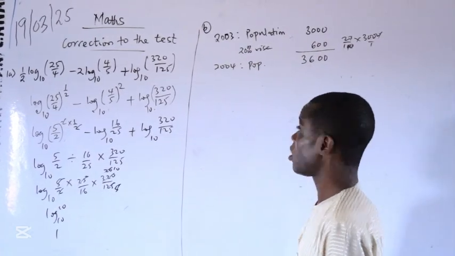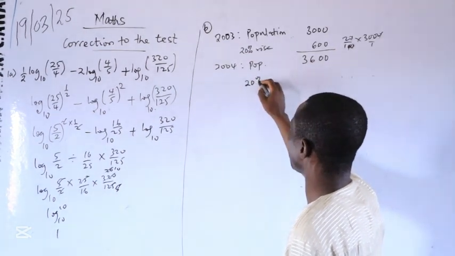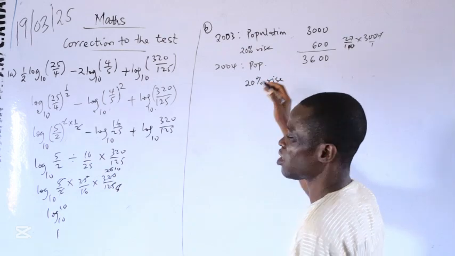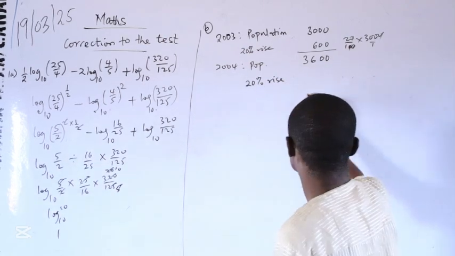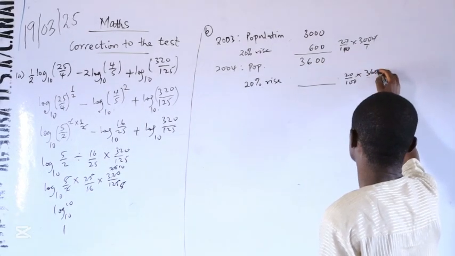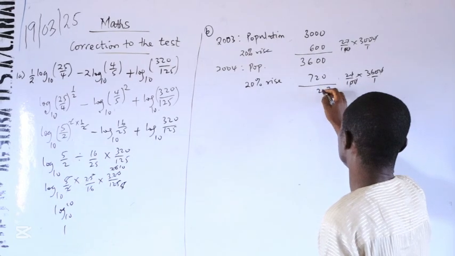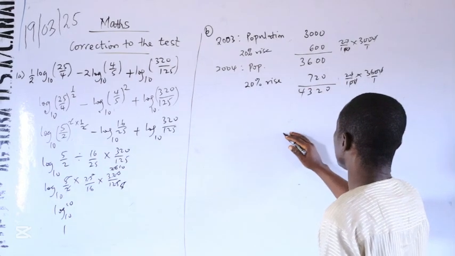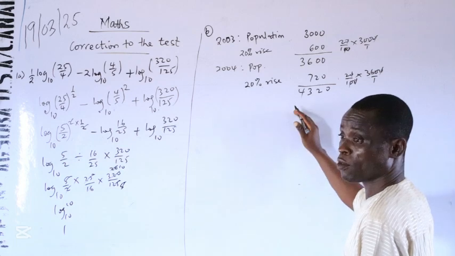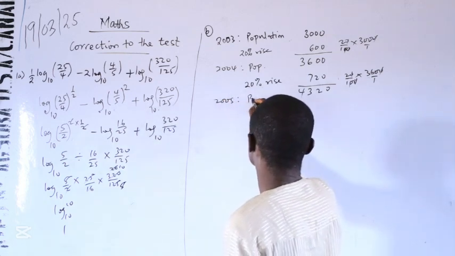Then we also have 20%, because that increment is constant. 20 over 100 times 3,600 over 1. So that's 720. Am I right? Please let me confirm this value. So that is the 2005 population.